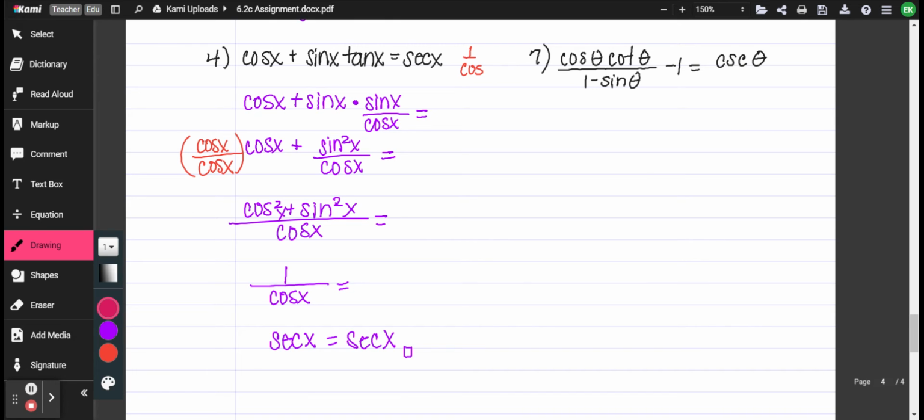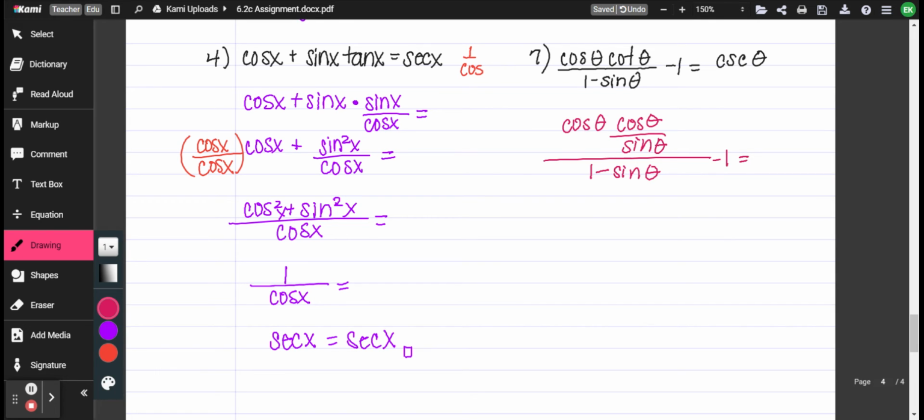Let's rewrite cotangent as cosine over sine. I don't really have a super fantastic reason for that other than I need to try something. With these problems, it's so important to just start. Just try something, see where it gets you, and go from there.